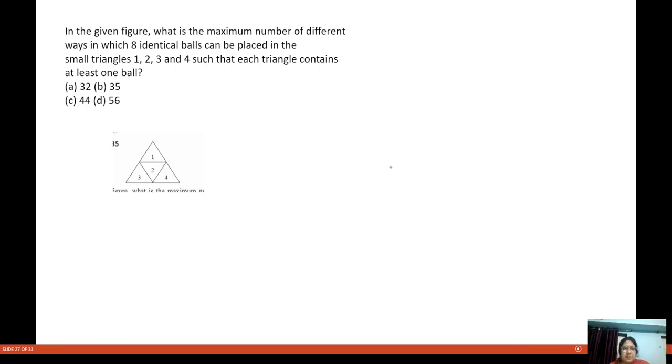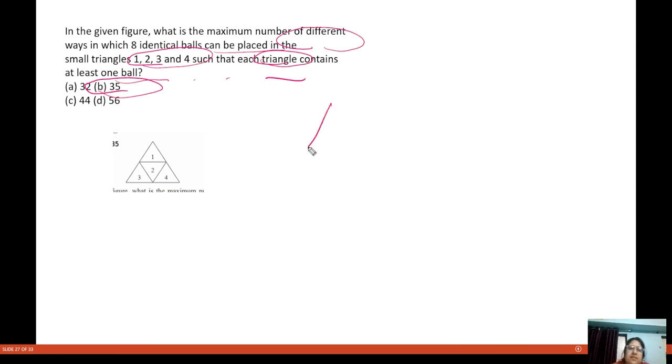Now let's move forward. Now look at this question. In the given figure, what is the maximum number of different ways in which 8 identical balls can be placed in small triangles 1, 2, 3, 4, such that each triangle contains at least one ball?